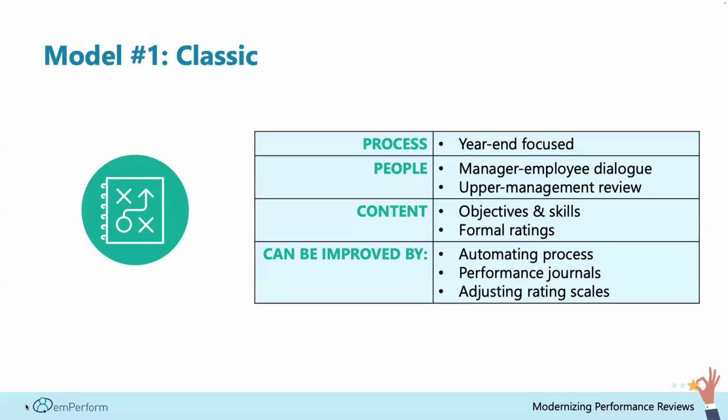It can be improved by automating the process, performance journals, and adjusting rating scales. We're going to talk about that because the classic model has a place in performance management today. There's no question. And sometimes it's just some subtle improvements that are needed to drive the value from it. Okay, so we'll talk about this in more detail as we go along.